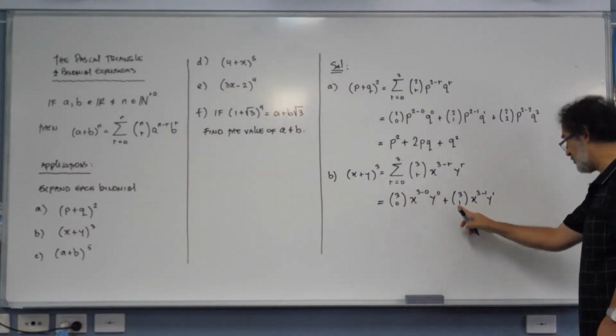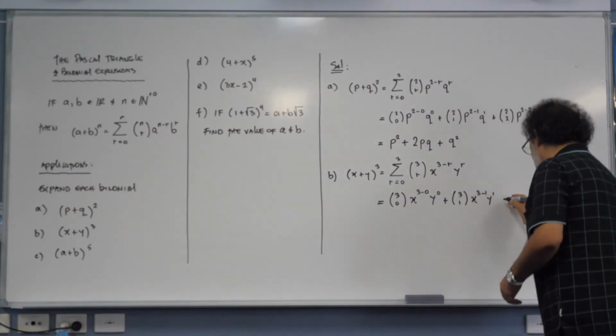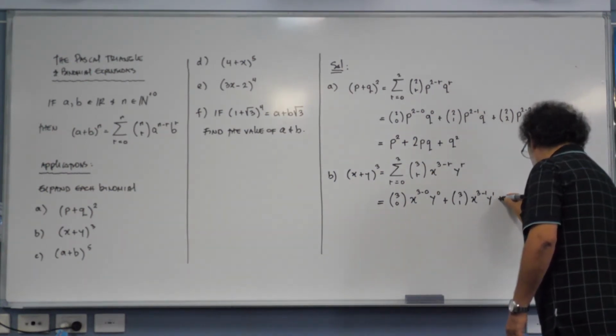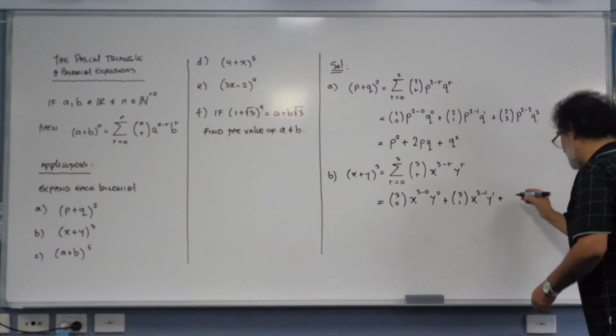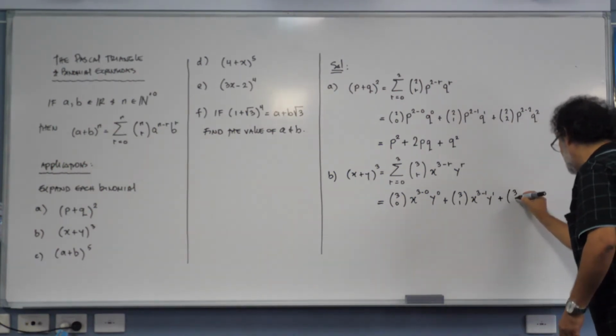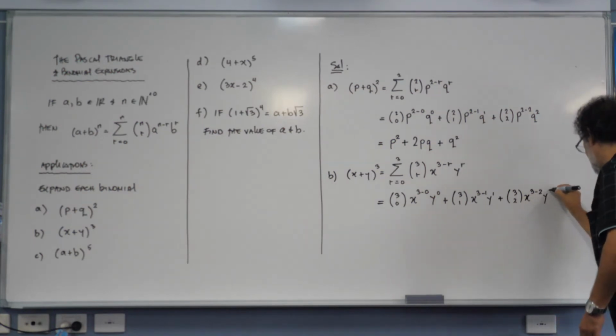Okay, so this number always matches the power of the second term. All right, who's going to do the next one? 3 and 2. And then you've got x to the power of 3 minus 2, and y to the power of 2. Yes.